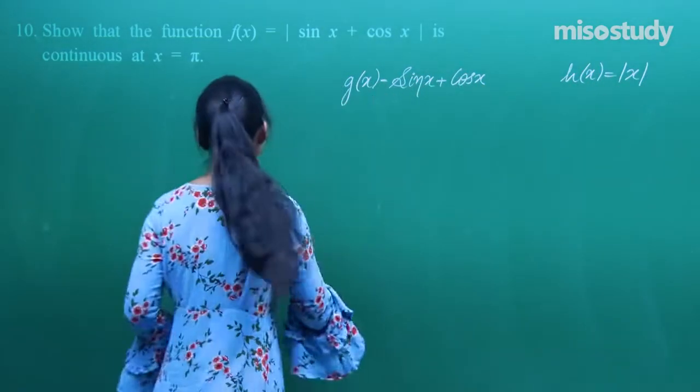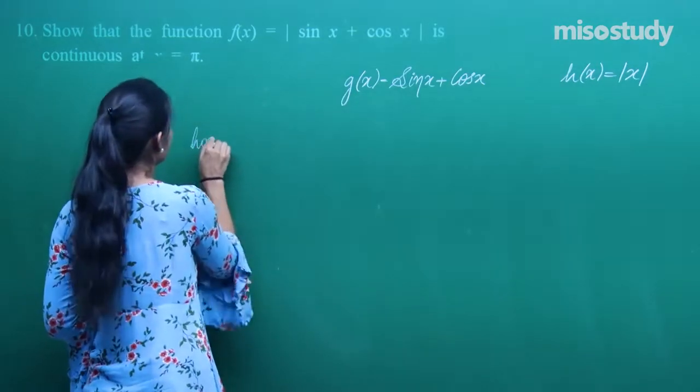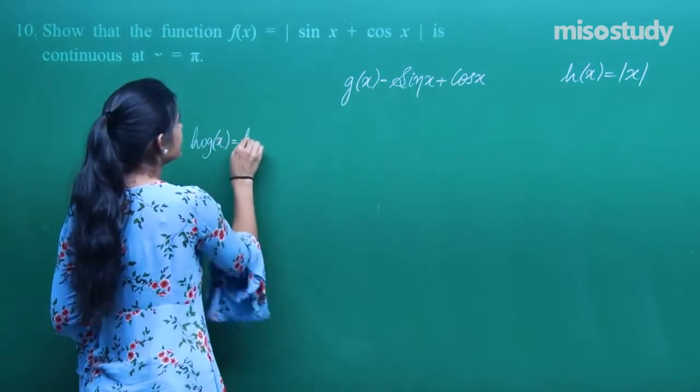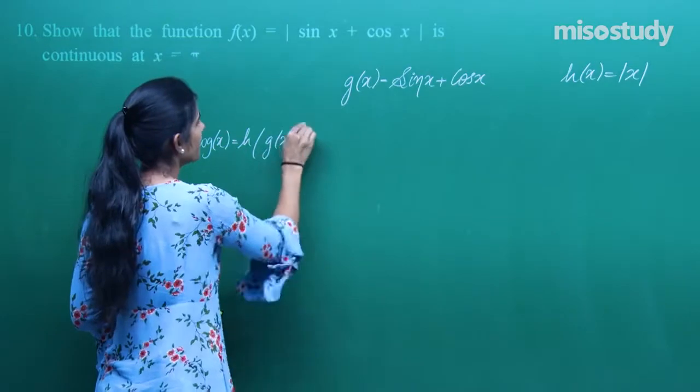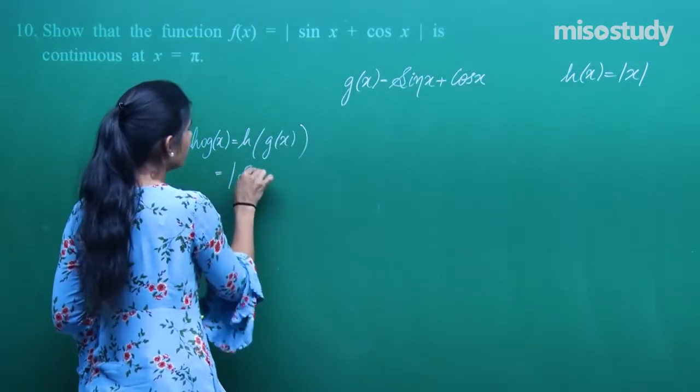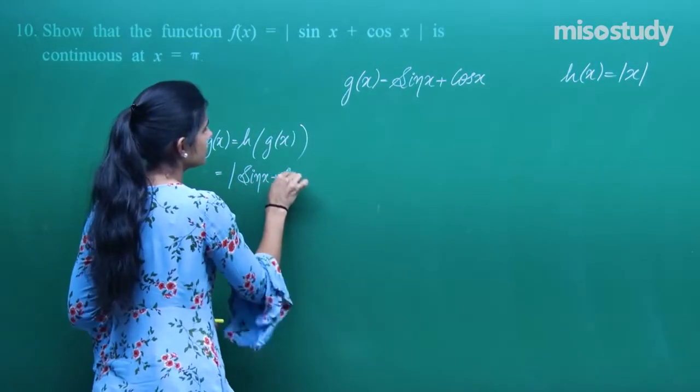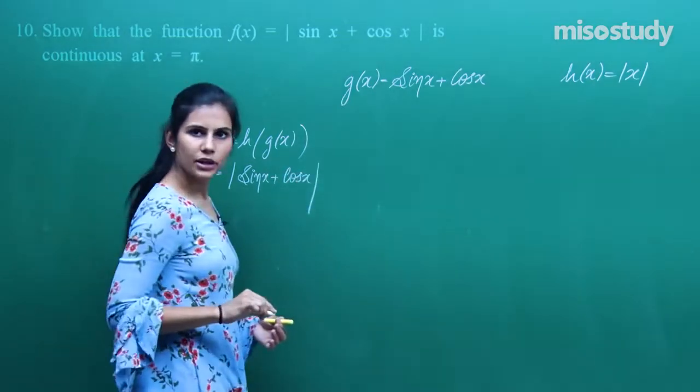Then with this definition, h of g of x is h(g(x)), which is mod of sin x plus cos x. Right?